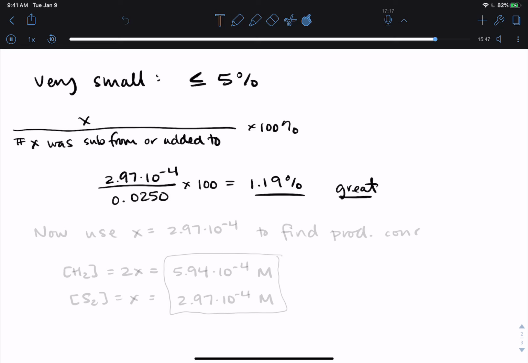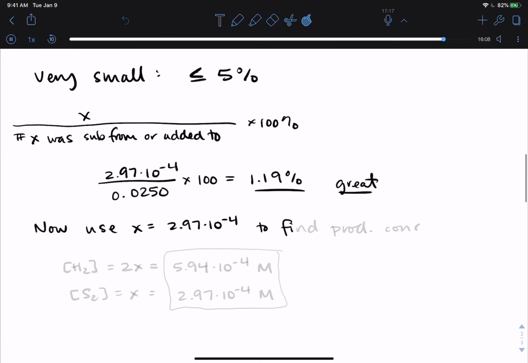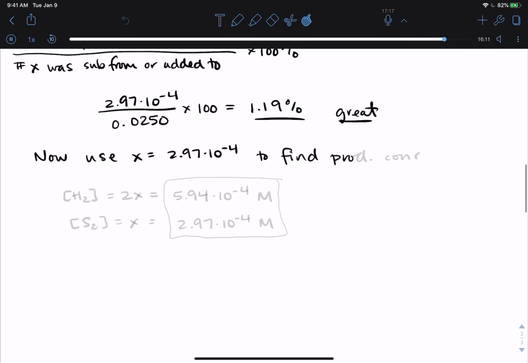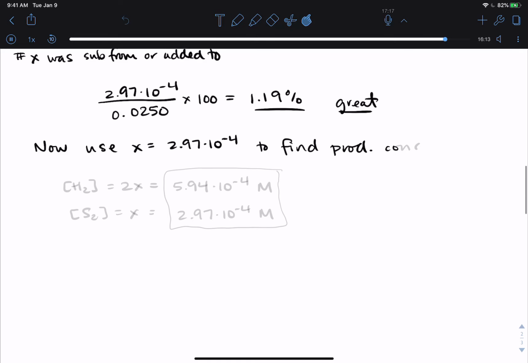Now, we're still not done solving the problem. We were asked to find the product concentrations at equilibrium. So all this tells us is that we can now use x equals 2.97 times 10 to the minus 4th to find the product concentrations.